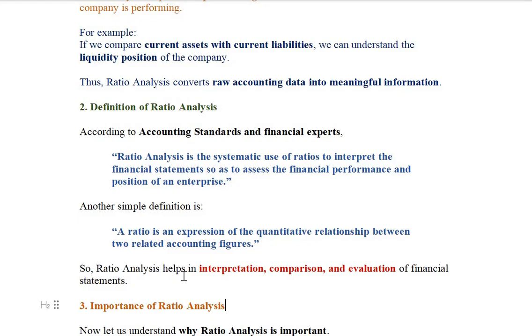That is called ratio analysis. With the help of ratio analysis, we can interpret the result and compare it with past years of the same company, or compare your company with a competitor, and also evaluate the performance of your company by using this tool.